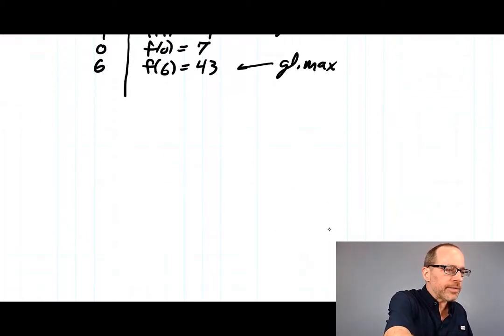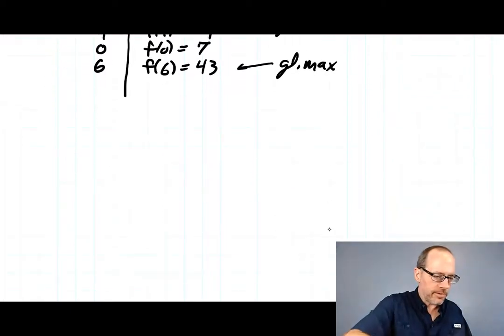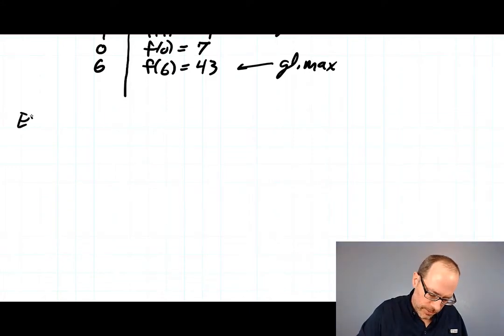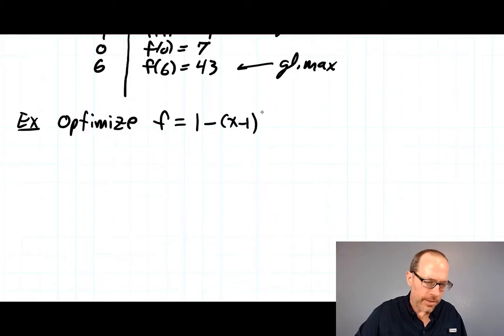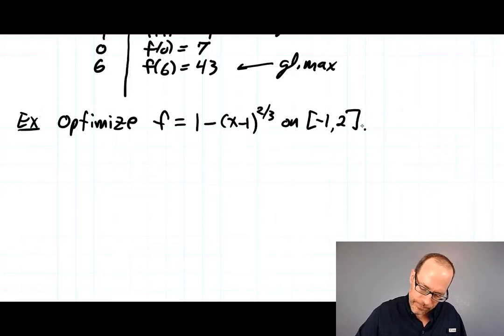All right, here, let's do the following. Optimize the function f equals 1 minus (x minus 1) to the 2/3 on the interval minus 1 to 2.